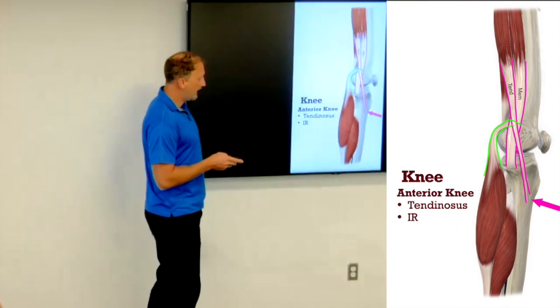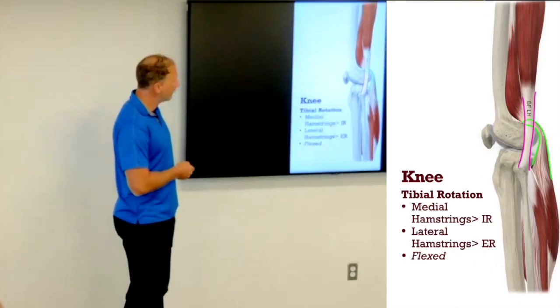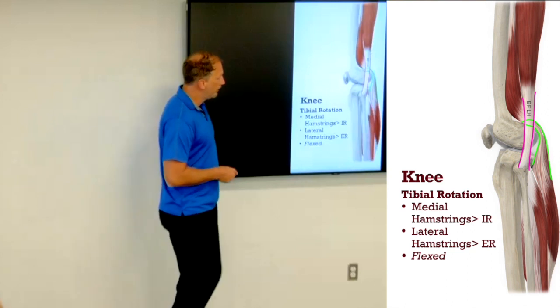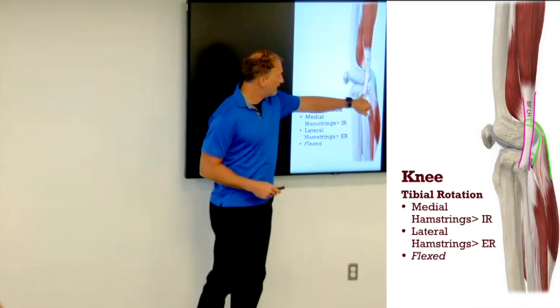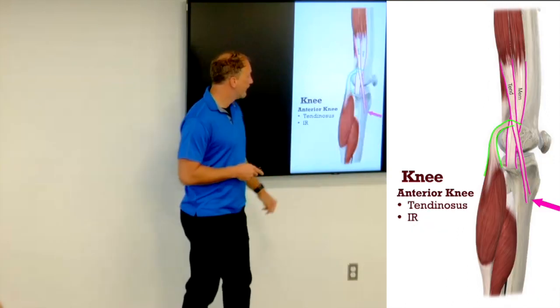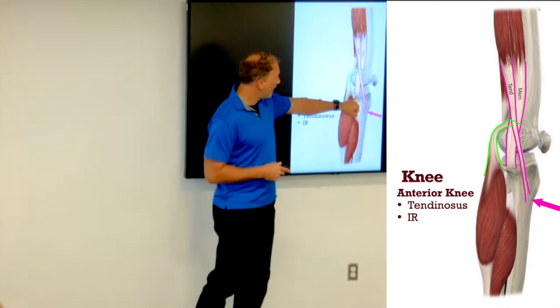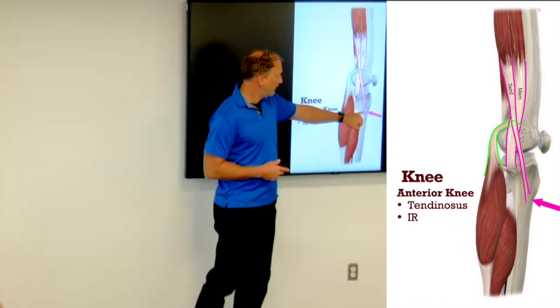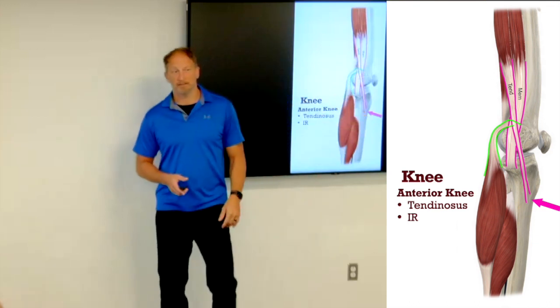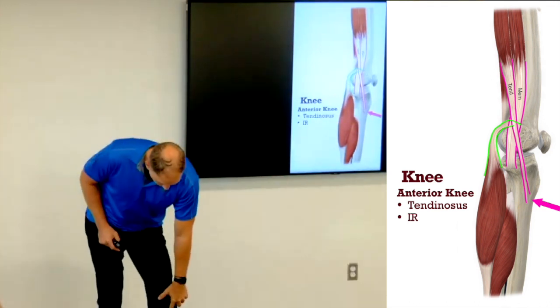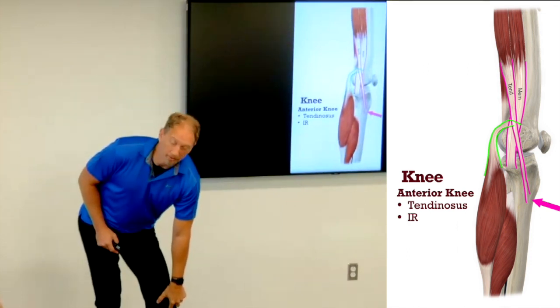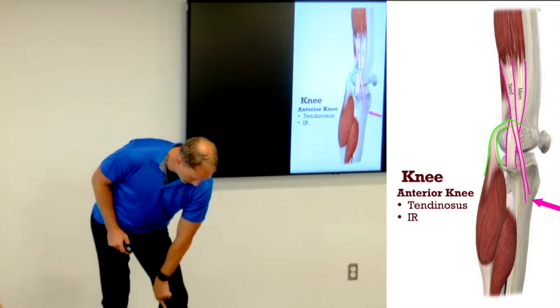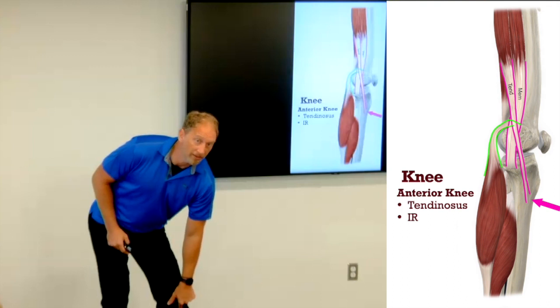Now, if we look at these two, the long head attaches to the fibular head, the semimembranosus attaches to the tibial plateau, and the semitendinosus comes all the way down and attaches just medial to the tibial tuberosity. So it wraps all the way around into the pes anserine.